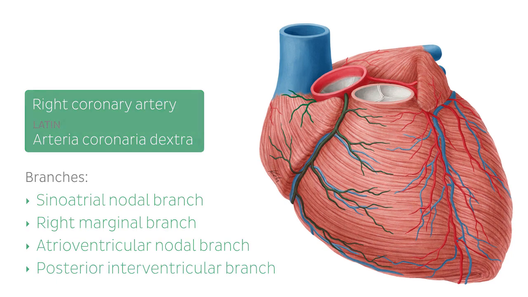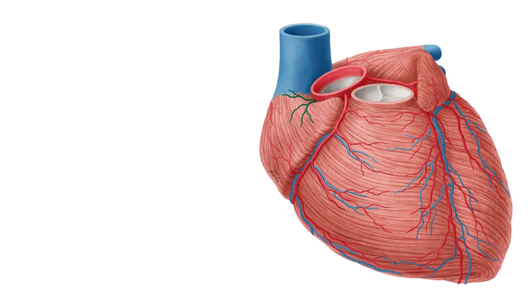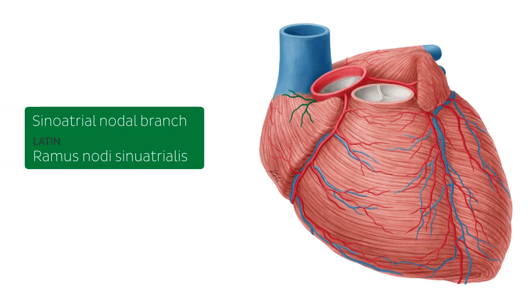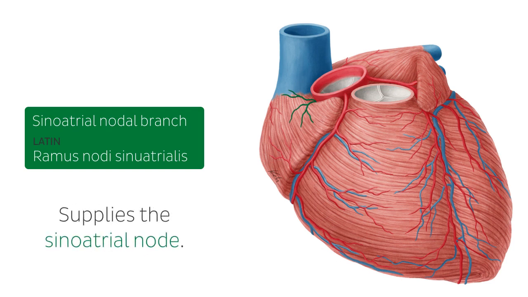Now let's take a look at a few of these branches that we see here on this image. This one that you see highlighted in green is known as the sinoatrial nodal branch. Within millimeters after emerging from the aorta, the right coronary artery will be giving off the sinoatrial nodal branch, which extends to and supplies the sinoatrial node in about 60% of the population.